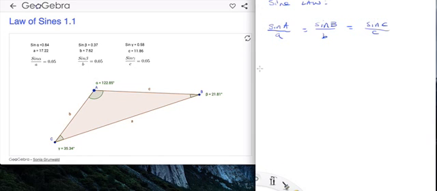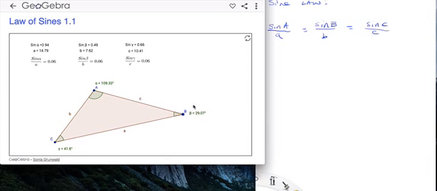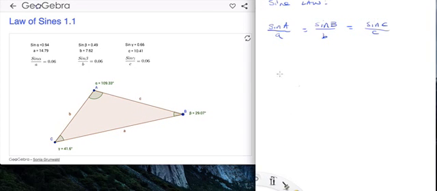Now we can do the exact same thing while looking for an angle. If the missing measurement we're looking for is an angle, we can use the exact same strategy of cross-multiplying through a proportion to solve for the missing angle. So here we're going to say sine of some unknown angle.